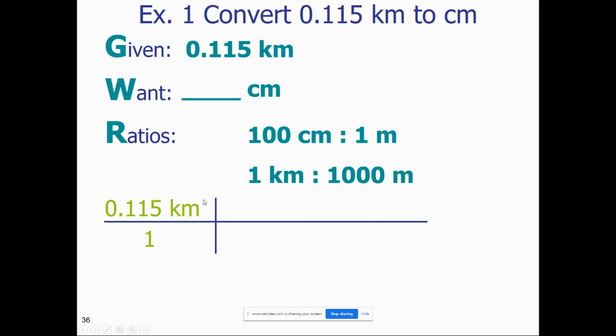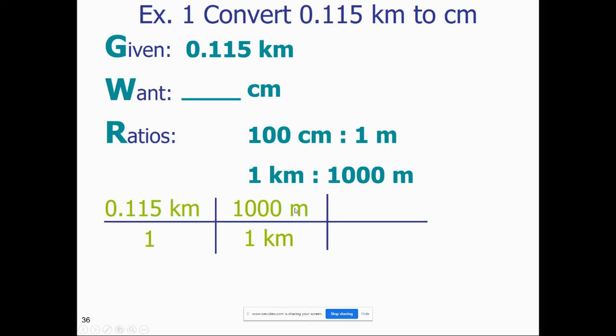We're going to want kilometers to cancel out, so we're going to put the kilometer part on the bottom. Since we used this, we have to use the other half of it. That's going to go in the numerator. When you do that, now your kilometers have canceled out and you're left with meters. Do we want meters? No, we want centimeters. But that's all right. We've got a relationship between meters and centimeters, so we'll use that.